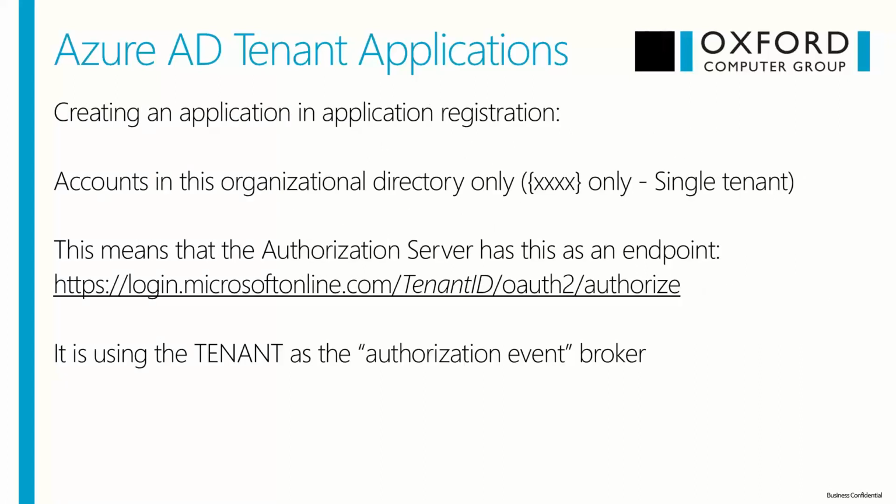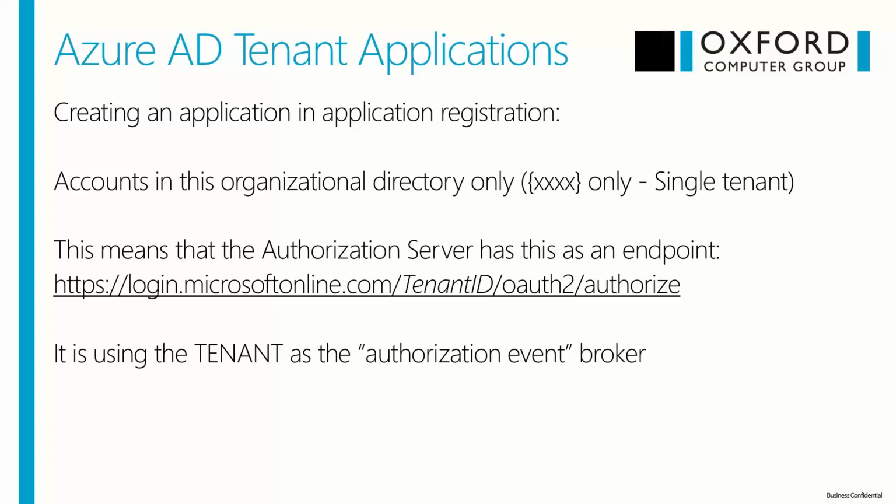If you create an application in a single tenant, this is your authorization server endpoint. Now, of course, you do have more than just authorize. You have your token endpoint, configuration endpoint. I'm just using this as the main. This is where you get tokens when you're not using implicit flow.